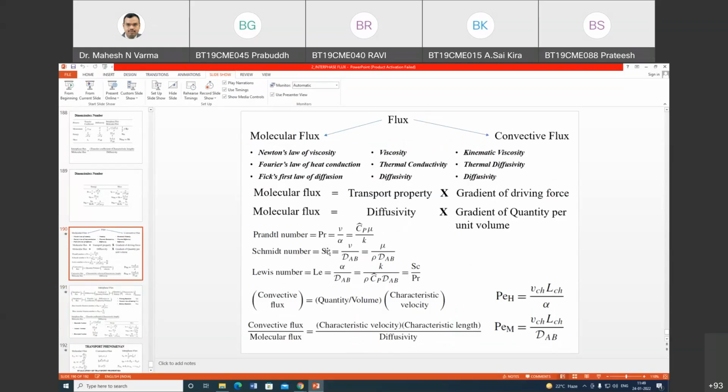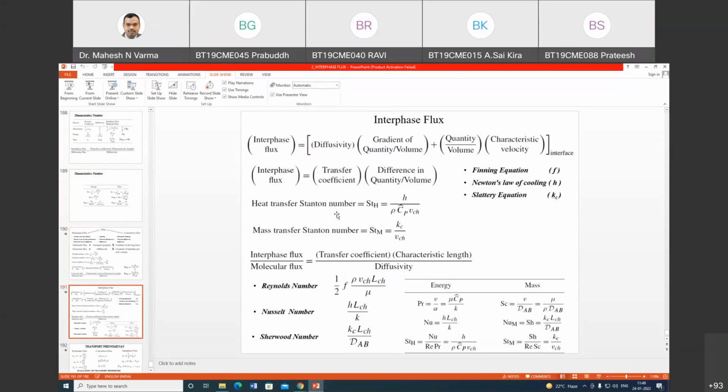Prandtl number, Schmidt number, Lewis number, Peclet number. And here the interface flux: transfer coefficient into the difference in quantity per unit volume. And these are the Stanton number for heat transfer and Stanton number for mass transfer. Then we have the Reynolds number, Nusselt number, and Sherwood number. So this is what we have covered till now.